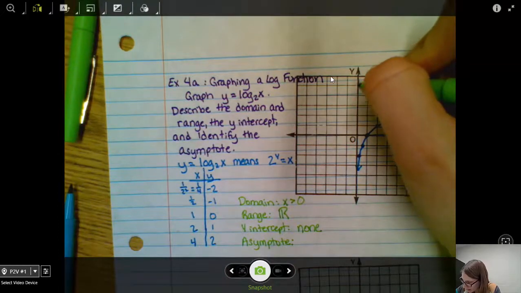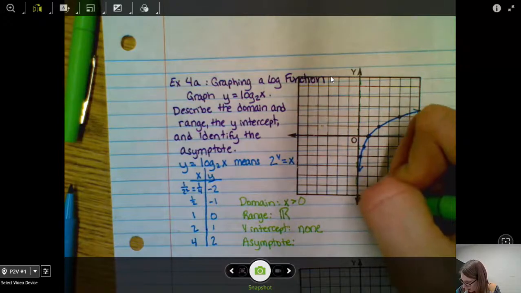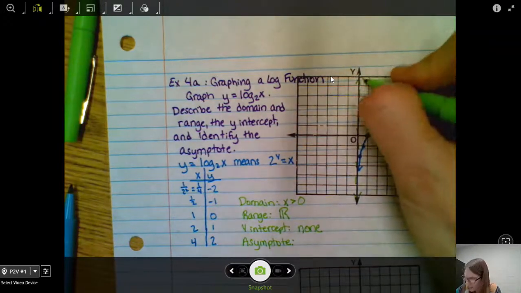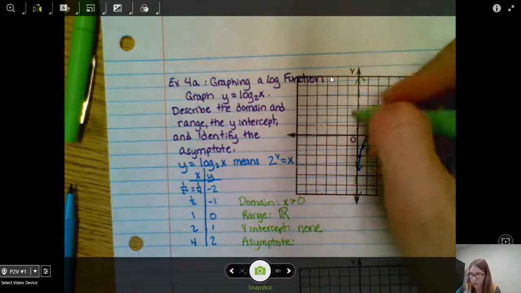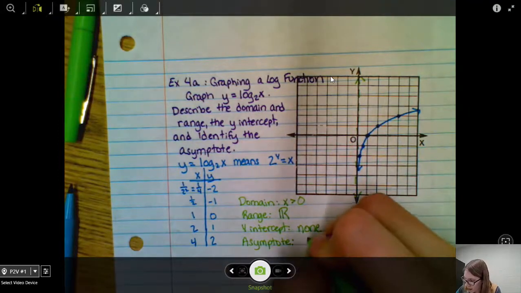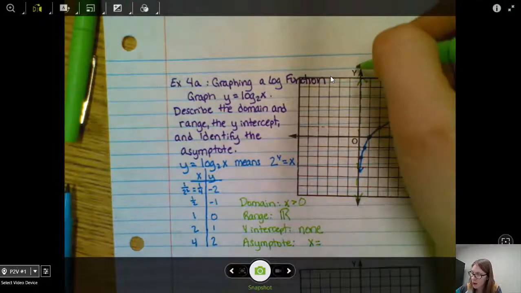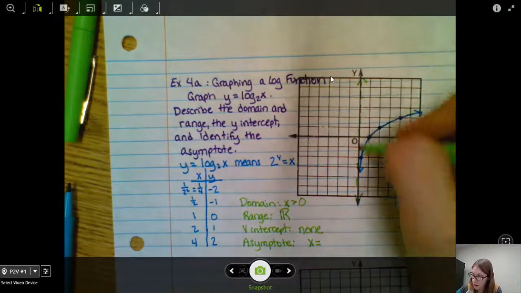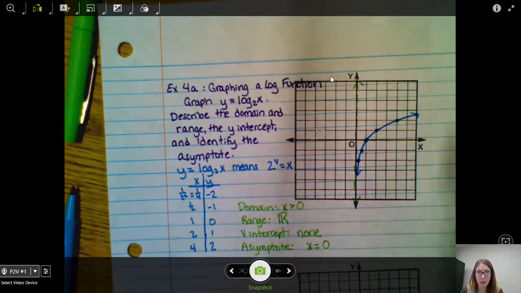And then the asymptote, that's our vertical line here. Probably can't see too well over the blank on the grid. But we have a vertical line, and remember that vertical lines are in the equation x equals something. So a vertical line on your y-axis going through the origin, our equation is x equals 0.